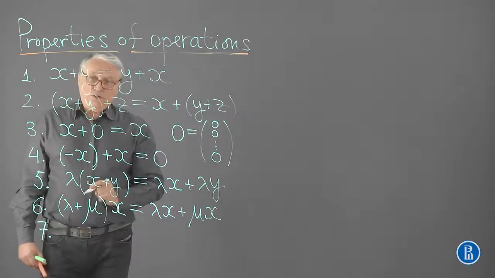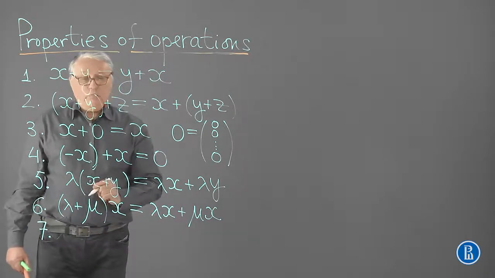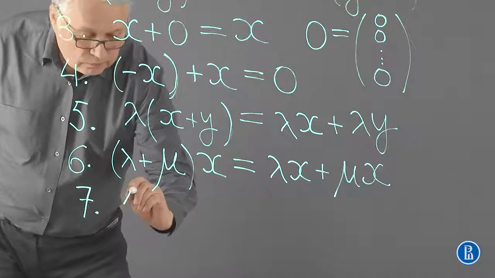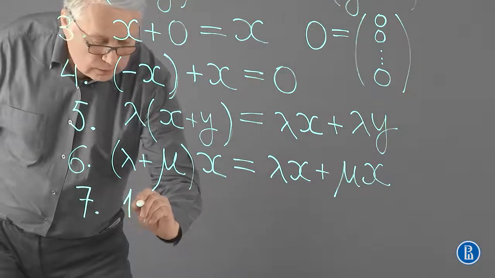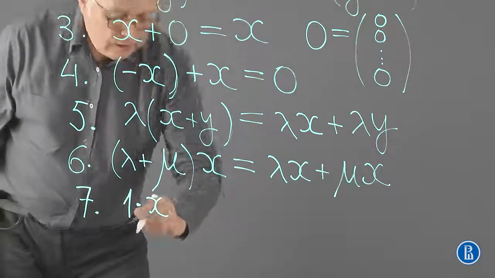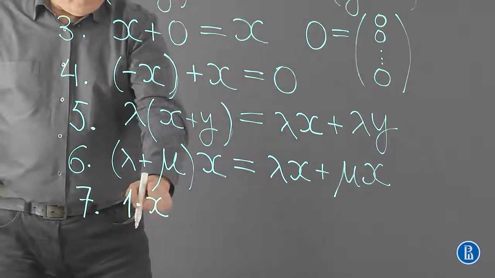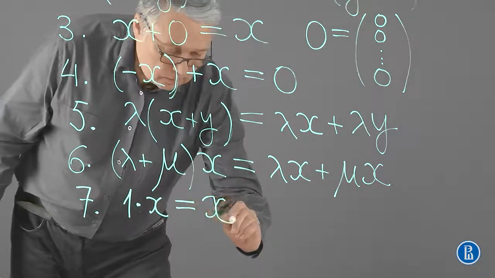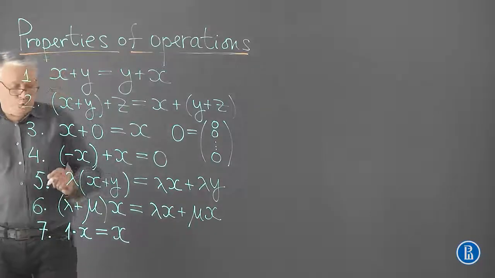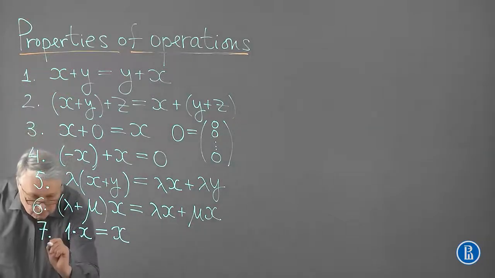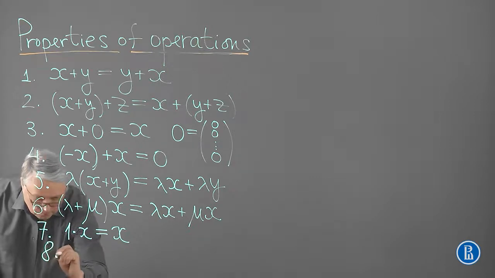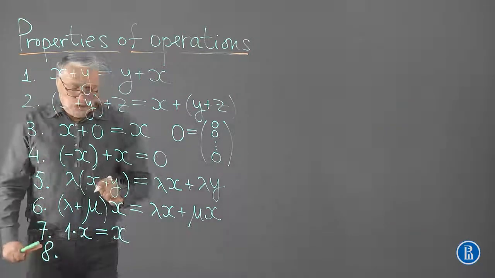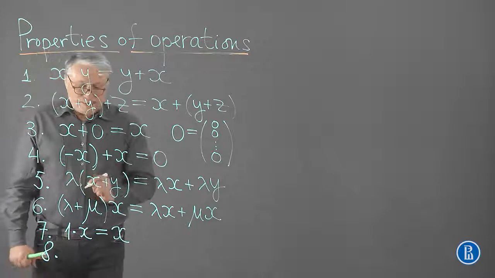A particular case of a scalar is number 1. So if I multiply any vector by 1, I get the same vector x. And the final property, number 8. What if I need to multiply by a scalar twice?